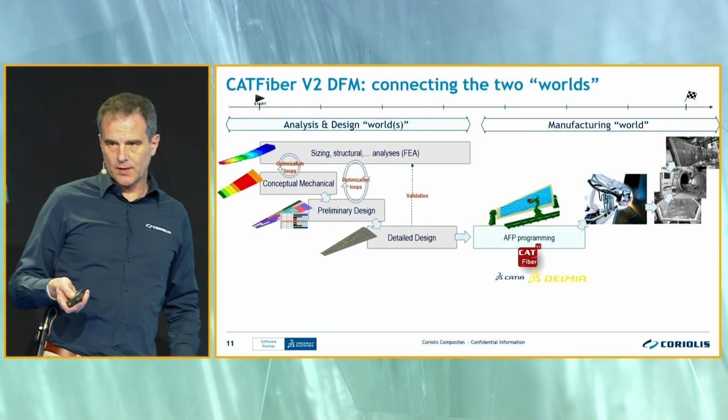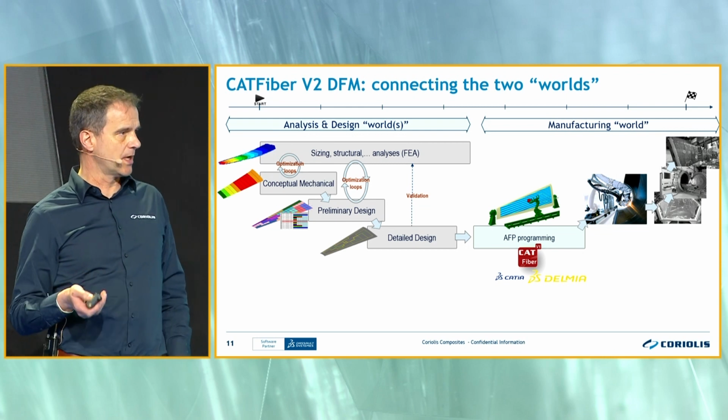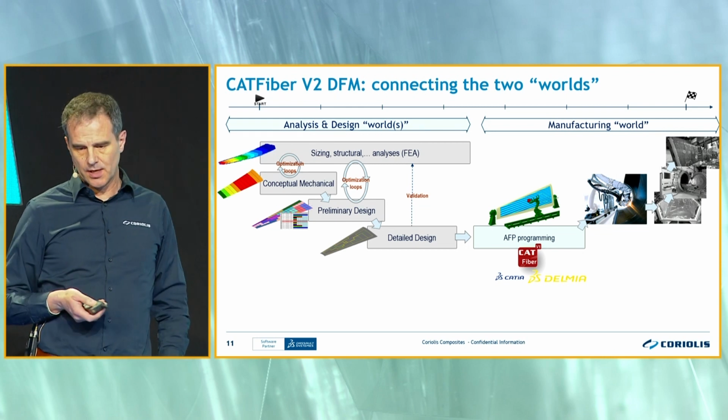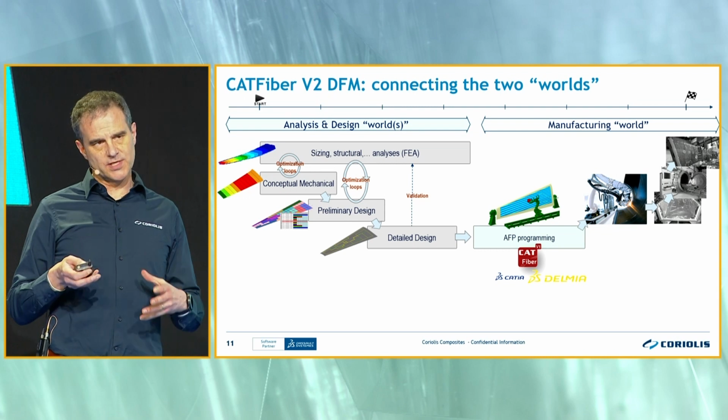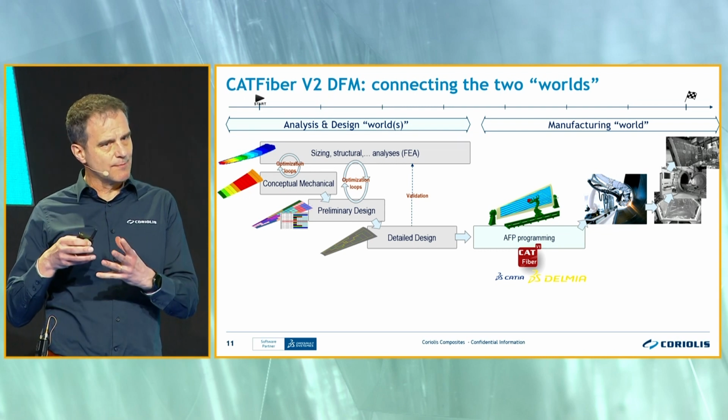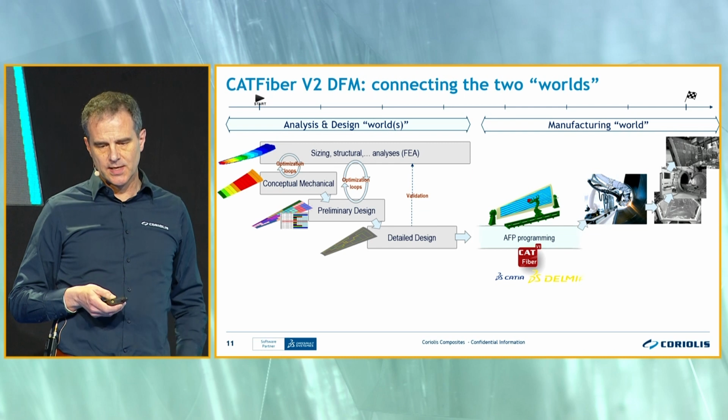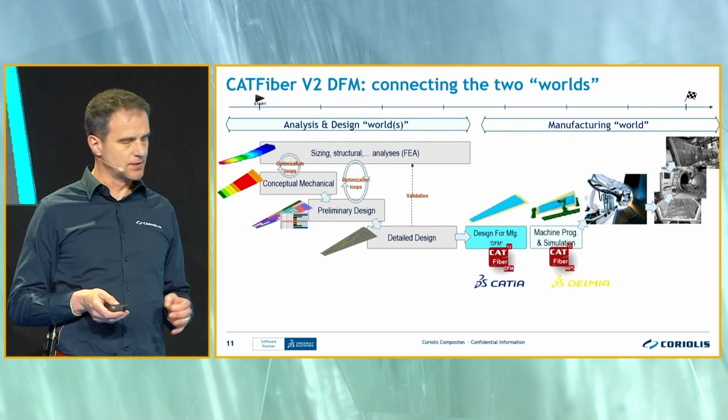So what we've done with our CATFiber solution, which is a partner solution from Dassault Systemes on the 3DEXPERIENCE platform, which is mainly on the Delmia side, more on the machine programming aspect, is to really separate it into two.